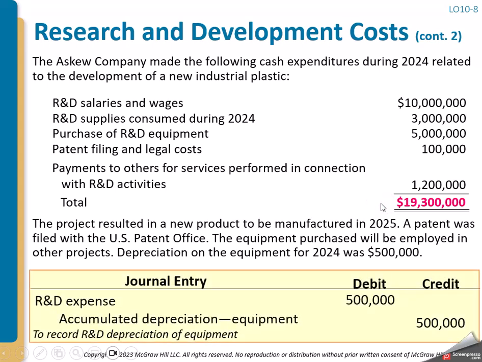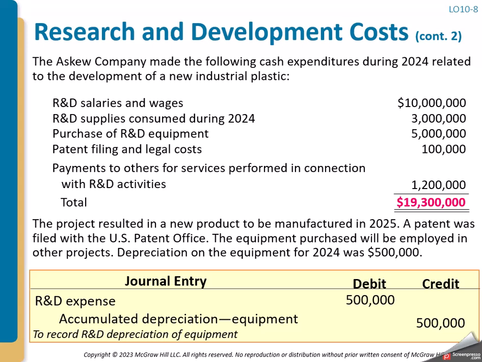So here they give us some dollar amounts with those: supplies, wages, the equipment, legal costs to file that patent, and payments to others for services performed. The project resulted in a new product that will be manufactured in the following year.